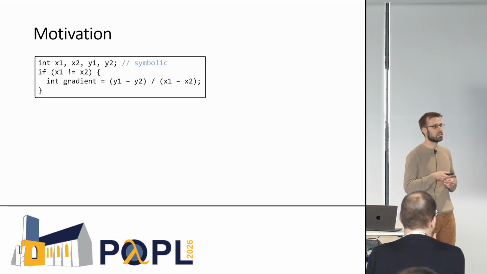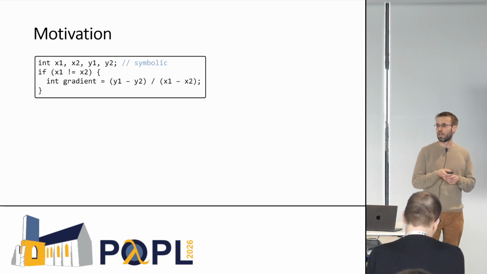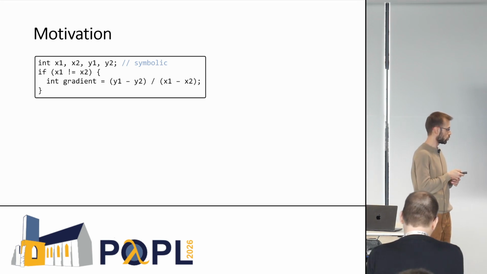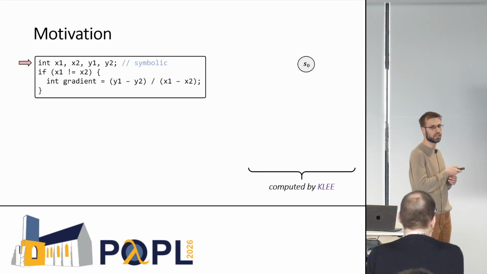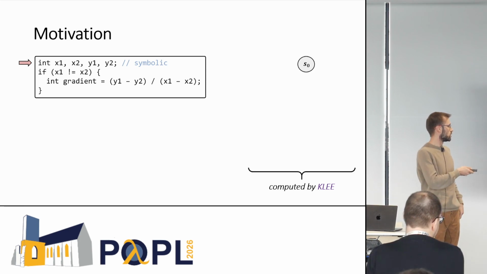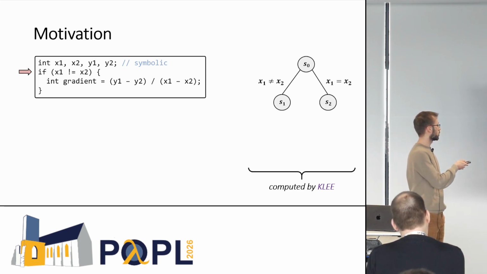We have two symbolic points, and then we compute the gradient between these two points. Now let's see what happens when we analyze it with KLEE, which is a state-of-the-art symbolic execution tool. Again, we start from the initial state, then we fork.